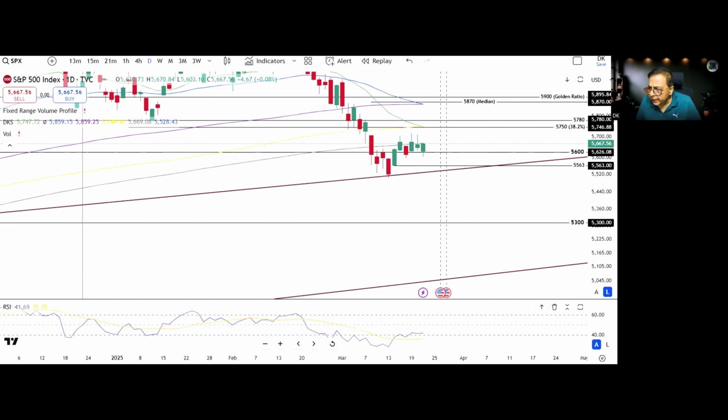So in my opinion, low of this one white soldier candlestick pattern, that is at 5,560, and this area where the price is currently taking support at 5,600 seems to be a good demand area with an intervention of the trend line that we discussed in the weekly price chart.